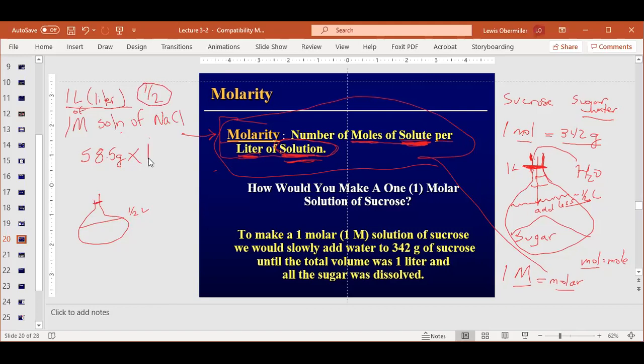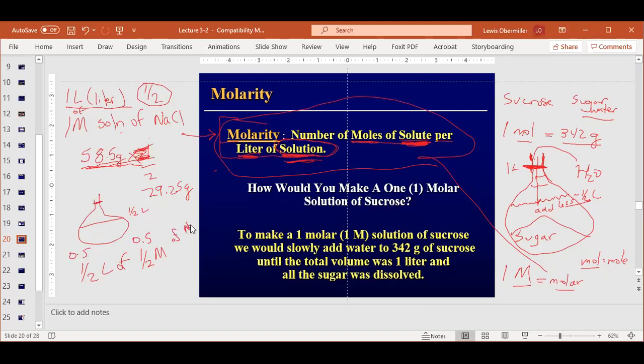So we multiply that by 1/2, and that gives us 58.5 divided by 2, and so that would be 29.25 grams, right?